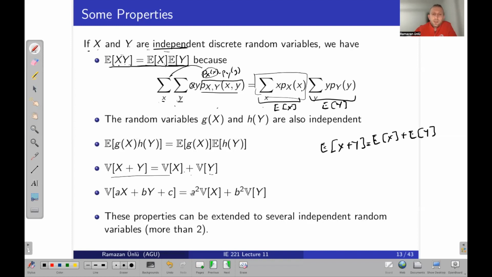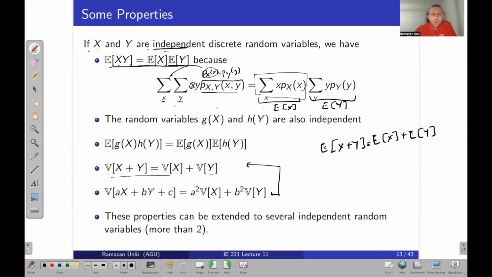So I can calculate A squared times the variance of X plus B squared times the variance of Y. Okay, so if they are independent, I can safely use these two calculation methods.